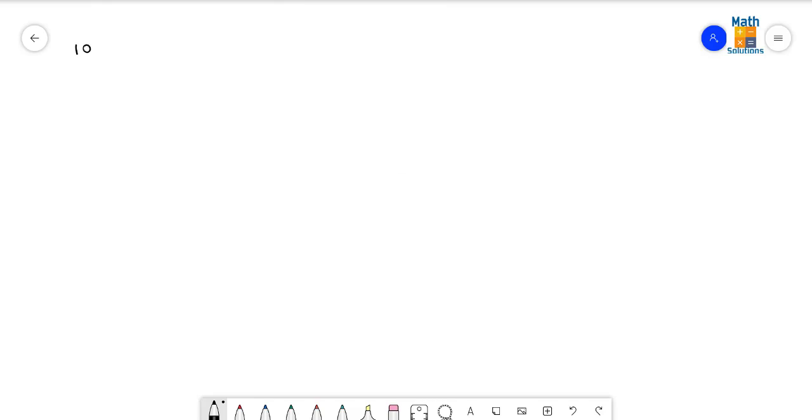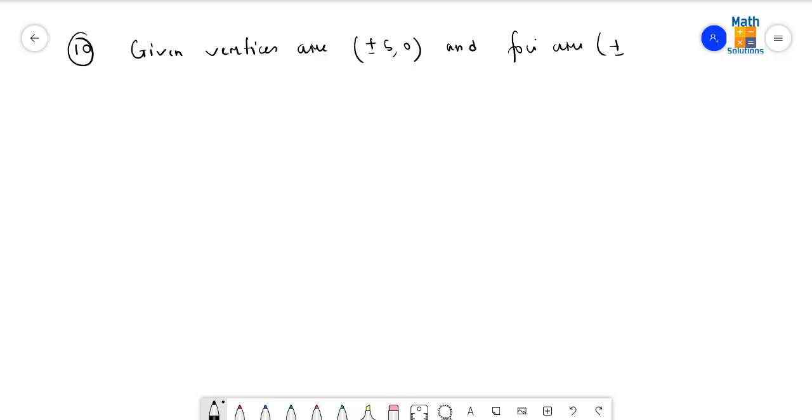Here is question number 10. Given vertices are plus minus 5 comma 0 and foci are plus minus 4 comma 0.